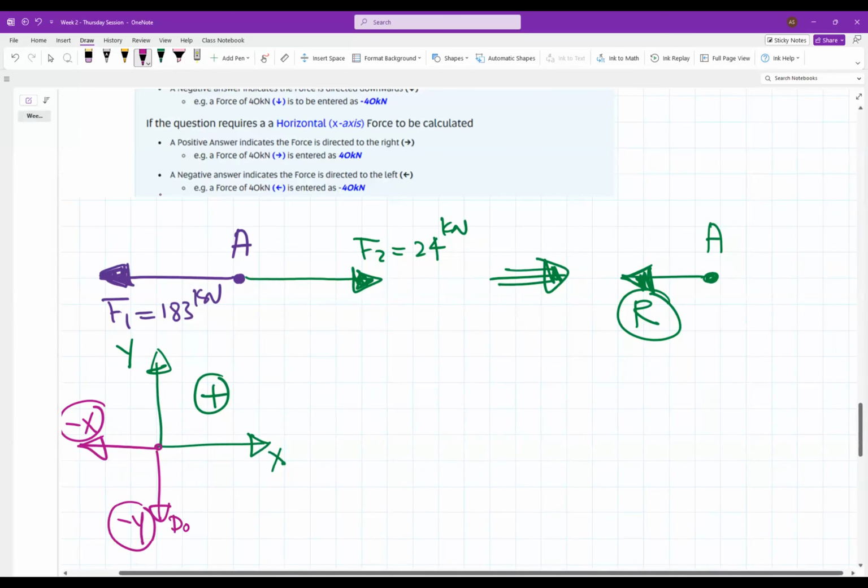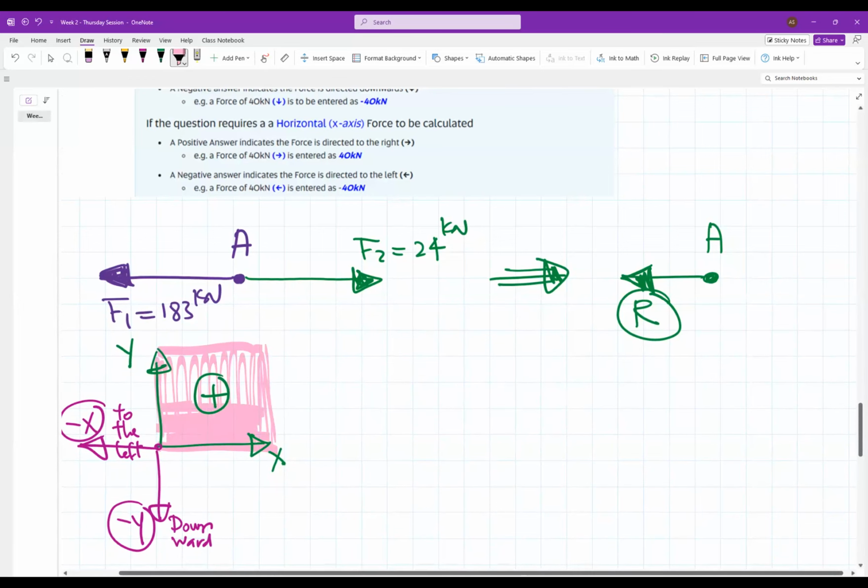So if Y is downward or X is to the left, they are negative. This is our positive direction.